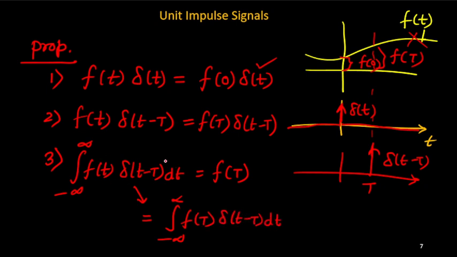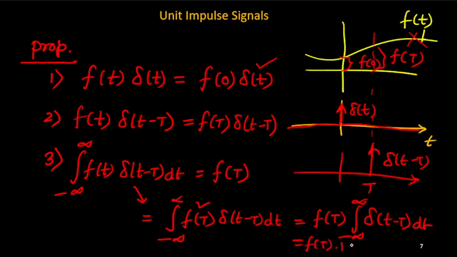Now f of capital T is a constant, independent of t, so I can take it outside, and it is nothing but the integration of del of t minus capital T dt from minus infinity to infinity. And you know that the area under the impulse signal, it's a unit impulse, so its area is always 1. So f of capital T times 1 is nothing but f of capital T. So this property is very useful.